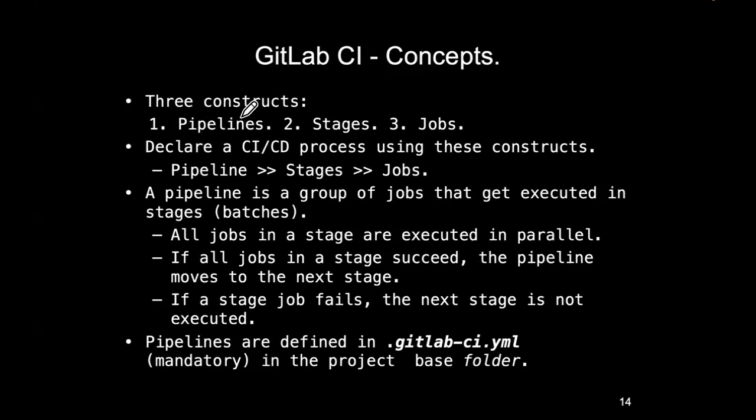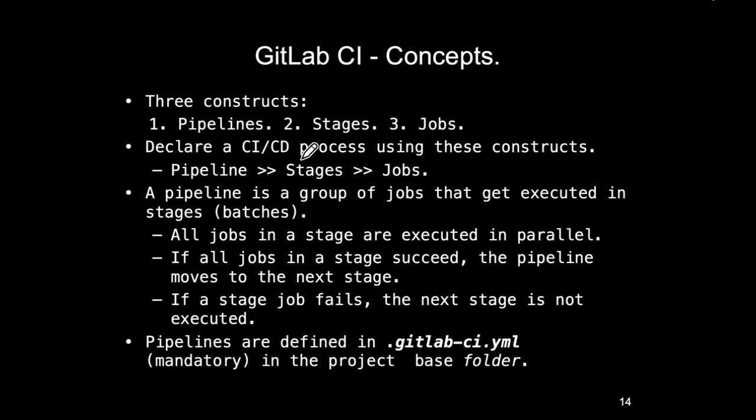There is the pipeline itself, there are something called stages, and then there are jobs. So your CI process is what we call a pipeline, and that pipeline is broken up into stages, and a stage is broken up into jobs. That's the flow, if you like, or the architecture of your CI pipeline.